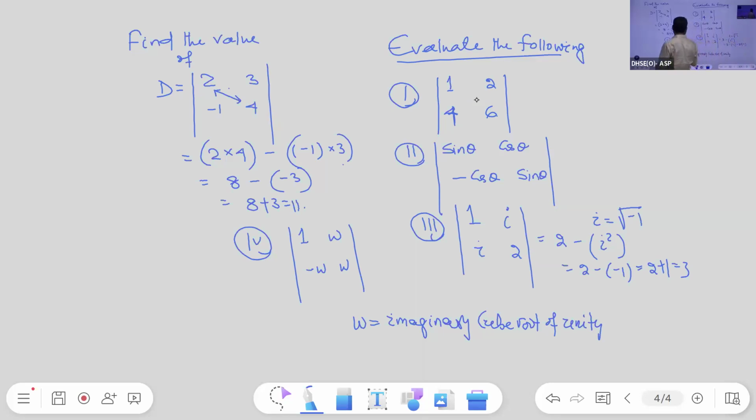Question number 4. This is equal to omega into 1, that is omega, minus omega into omega, that is minus omega square. This is equal to omega plus omega square. So if omega is the cube root of unity, then 1 plus omega plus omega square is equal to 0. This implies omega plus omega square equals -1. So answer to question number 4 is -1.